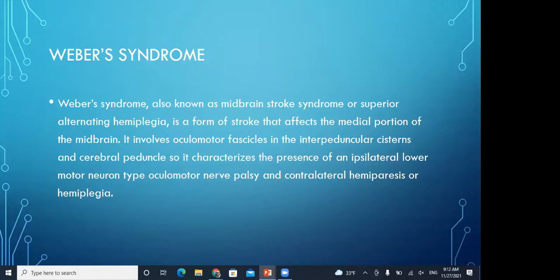It involves oculomotor fascicles in the interpeduncular cisterns and cerebral peduncle, so it is characterized by the presence of an ipsilateral lower motor neuron type oculomotor nerve palsy and contralateral hemiparesis or hemiplegia.